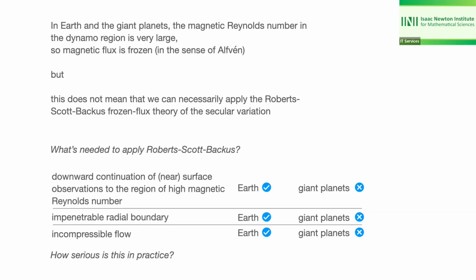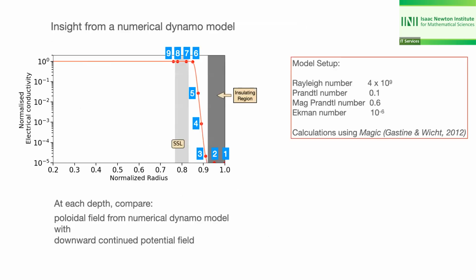So is there any way we can look at how this actually works in practice? Well, what I want to show here is some insights we might gain from a numerical dynamo model looking at this issue. This is some runs using MAGIC.